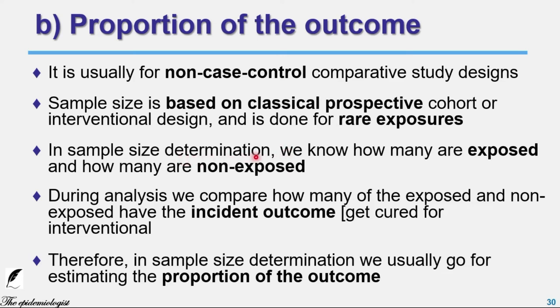In sample size determination, we know how many are exposed and how many are non-exposed. During the analysis, we compare how many of the exposed and non-exposed have the incident outcome, or getting cured for interventional. Therefore, in sample size determination, we usually go by estimating the proportion of the outcome.